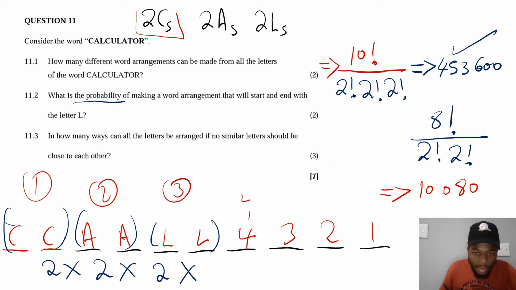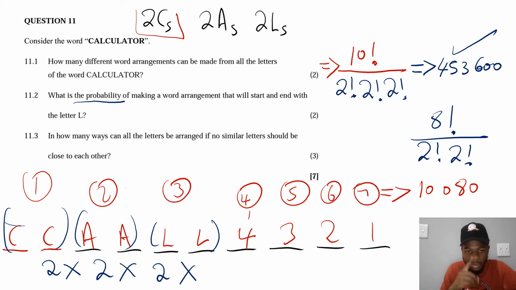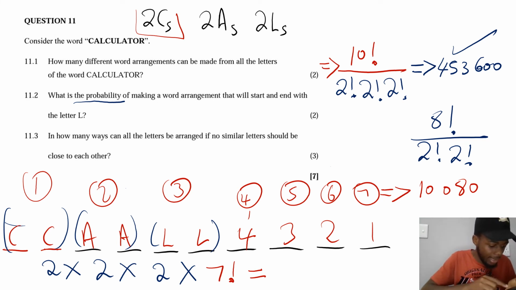Then 3, then 4, and then 5, 6, and then 7. So it will be multiplied by 7 factorial. Let's check what our answer is here. It is 8 multiplied by 7 factorial.